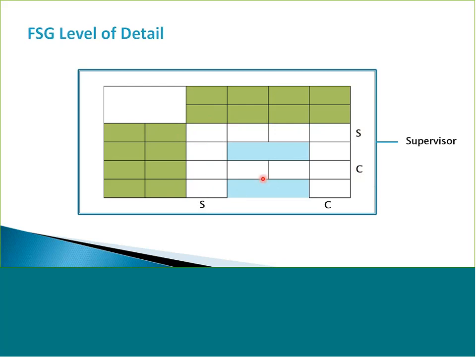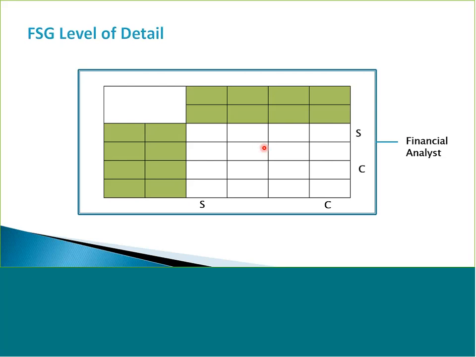We won't be able to see the others that are in between here because level of detail assumed is financial analyst, and financial analyst is above supervisor. If we run this report as financial analyst, we see everything because financial analyst level of detail is the highest level of detail. So we see everything, okay?